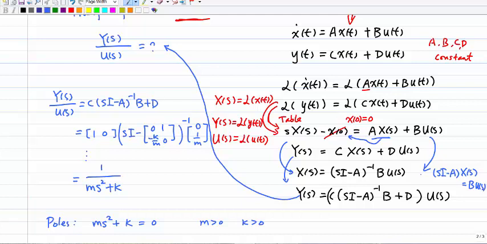If I multiply both sides on the left by (sI minus A) inverse, it cancels out and gives me the solution for X(s). Then I get this solution.